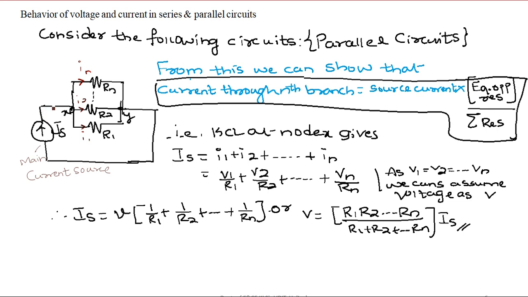Then it is connected to a parallel combination of R1, R2 up to Rn. And in each of the resistances R1, R2 up to Rn, we have the currents I1, I2 and In. Okay. So this current is entering at node X and leaving at node Y.